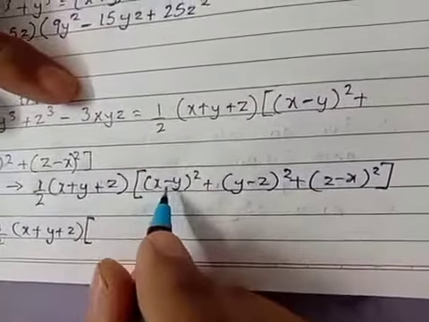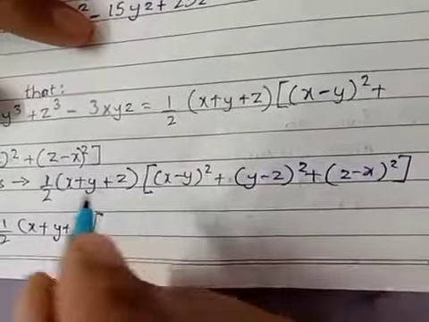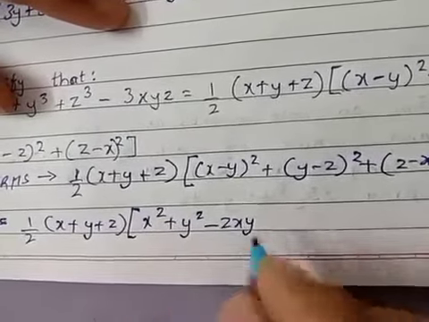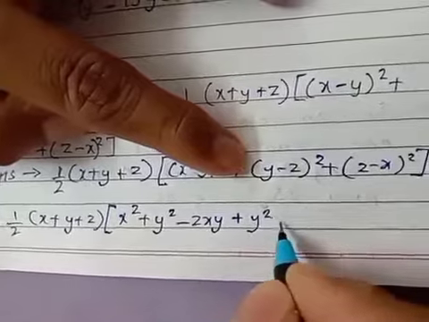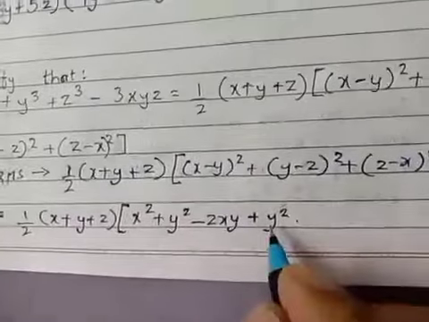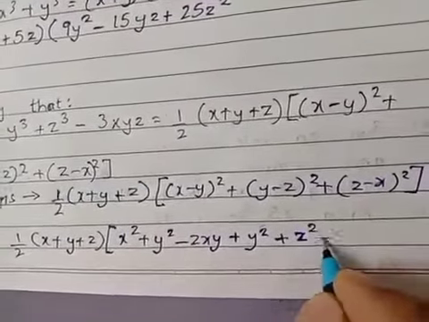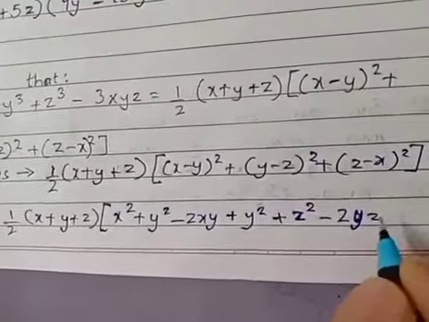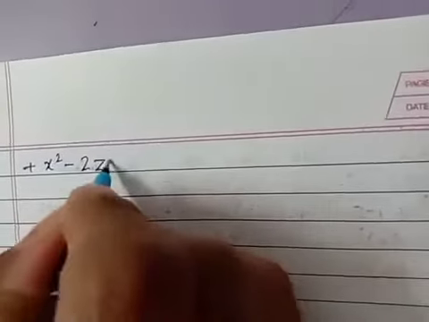The expansion of (x minus y) the whole square is x square plus y square minus 2xy. For this it is y square plus z square minus 2yz, and then z square plus x square minus 2zx.